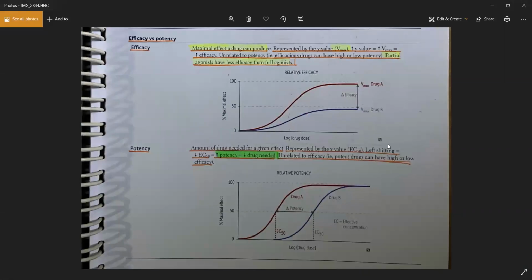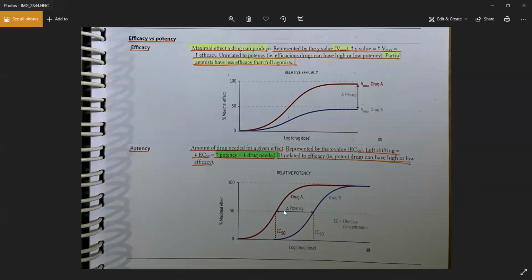This graph is for the non-competitive or the competitive irreversible inhibitor, right? And this graph is for the competitive reversible inhibitor. So if you give the patient phentolamine, because it is a competitive reversible type inhibitor, what's going to happen? The potency of the drug will be decreased, but the efficacy will remain the same. So the graph will be shifted to the right.